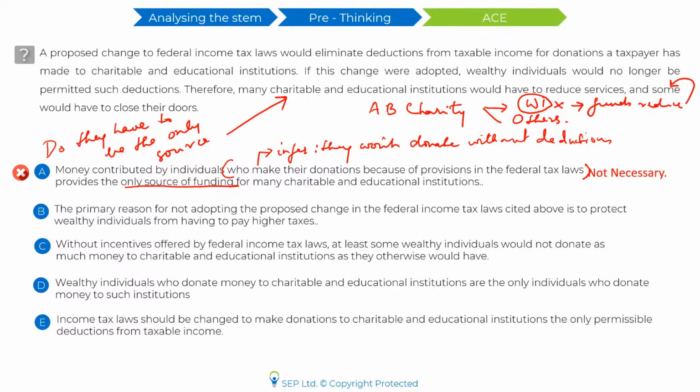And you are receiving money from two sources. One source dries up. You would still have to reduce your services, right? And if you are very dependent on that source, you may even have to close the door. So, we are not saying all institutions will close doors and all institutions will reduce services. We are saying some will reduce services, some will close doors.